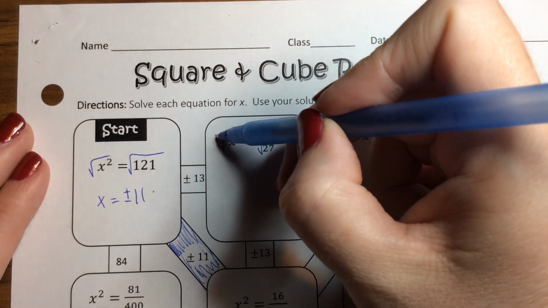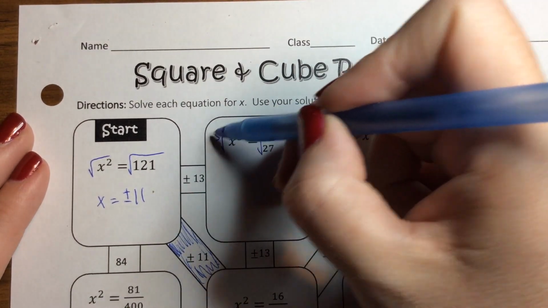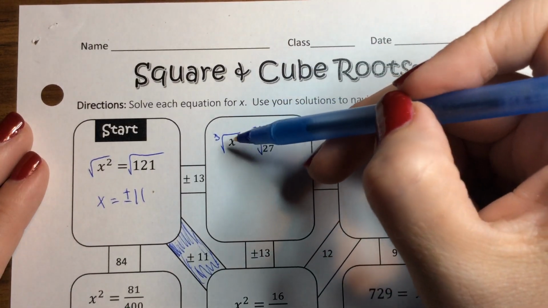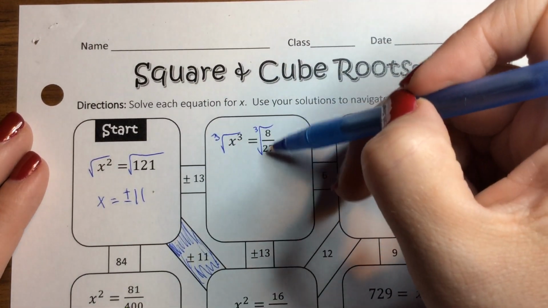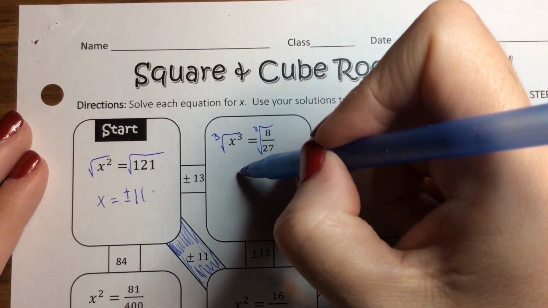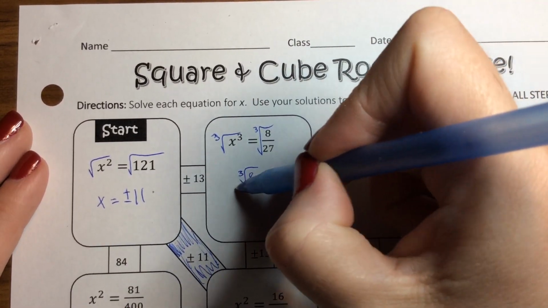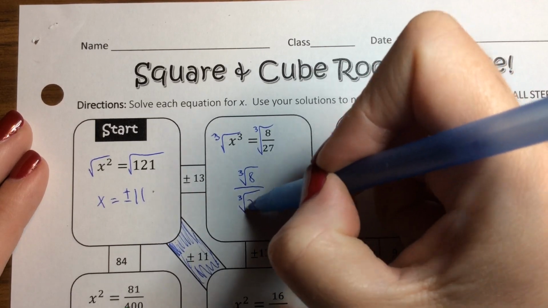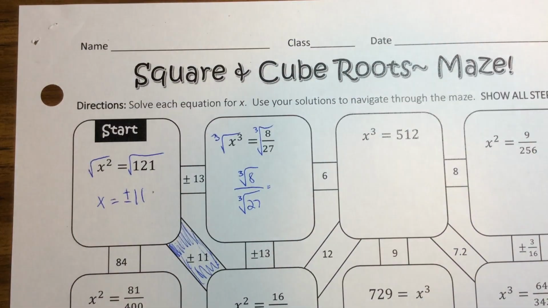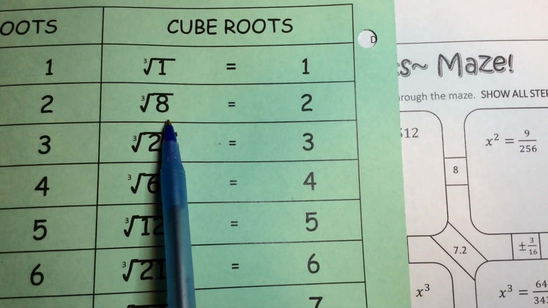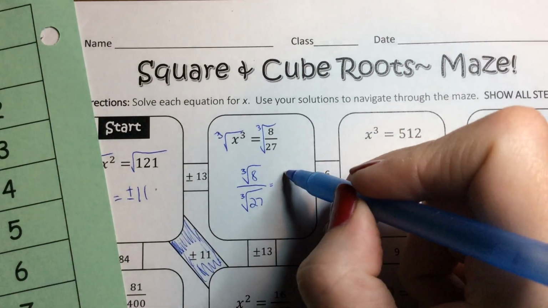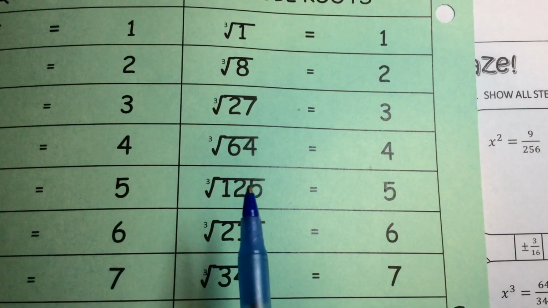When you take the cube root, you need to write the little 3, and you have to find the cube root of 8 and the cube root of 27. So now we're looking on the cube root side, and the cube root of 8 is 2, and the cube root of 27 is 3.